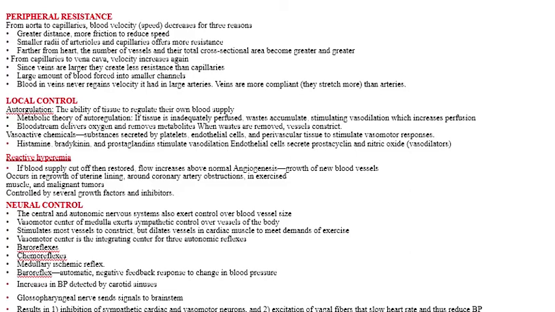Usually the tissue uses some chemical substances to regulate the blood flow locally. Metabolic theory of autoregulation: the metabolic substances in the tissue directly control the blood flow.